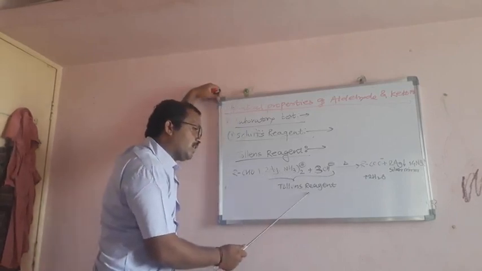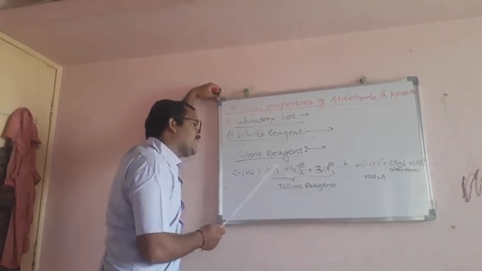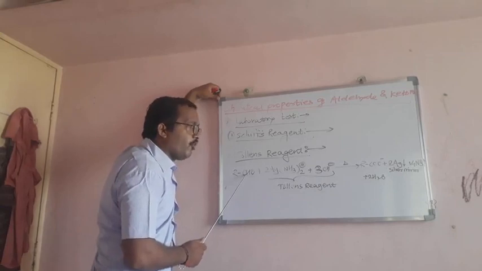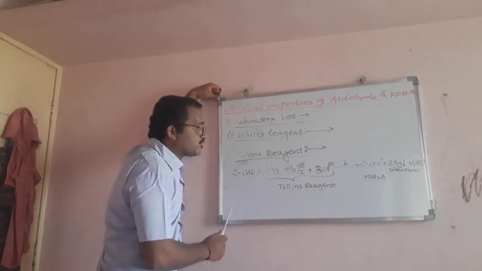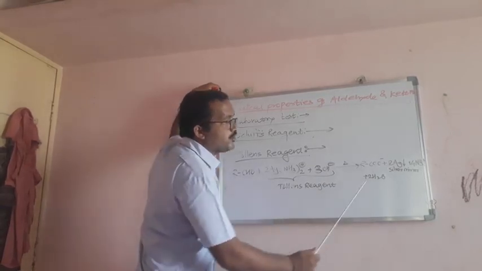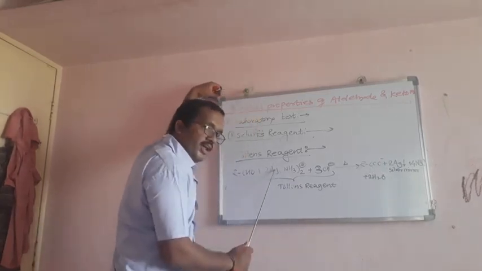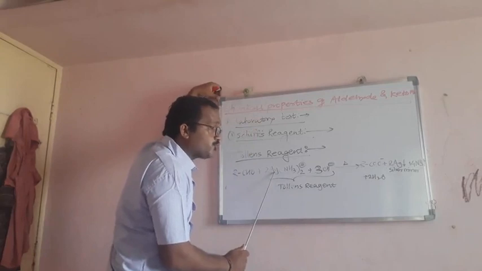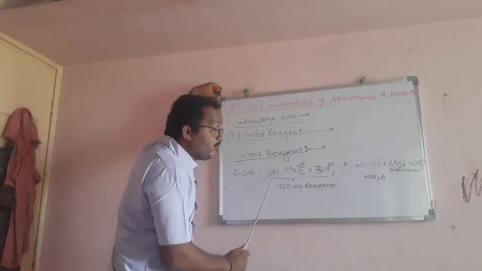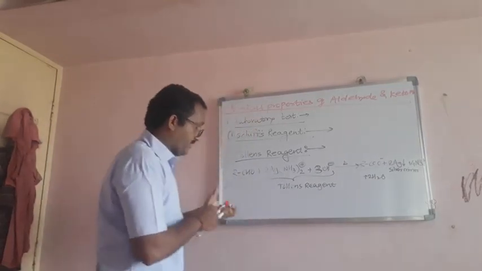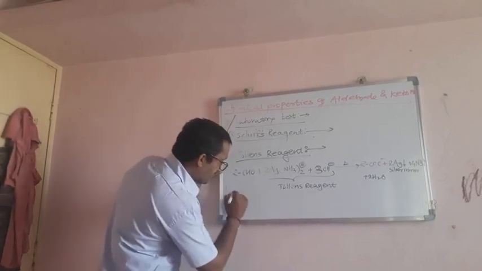When this ammoniacal silver nitrate is added to the aldehydic functional group, the aldehyde is oxidized to carboxylate ions.